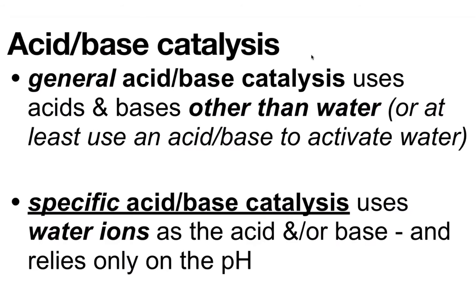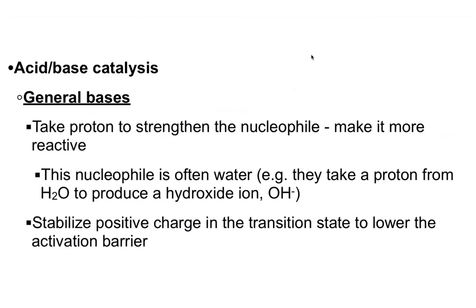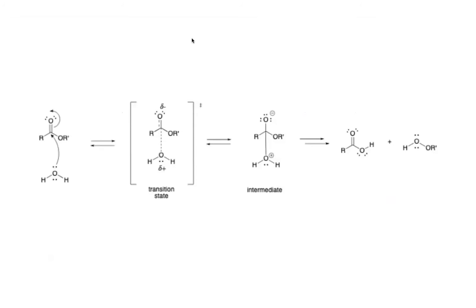Sometimes they'll give or take protons from water in that active site in order to activate the water, or sometimes they're going to interact directly with the substrate. But in both of those cases, you need more than just having the ions present due to the pH of the water. You need an external source that's coming from your enzyme itself or from a cofactor.